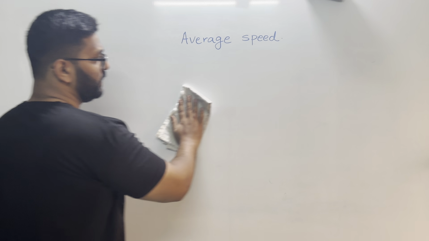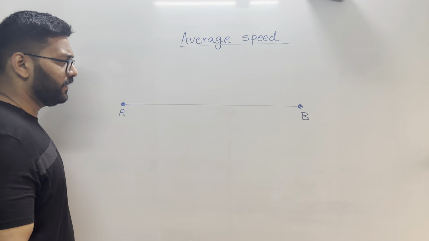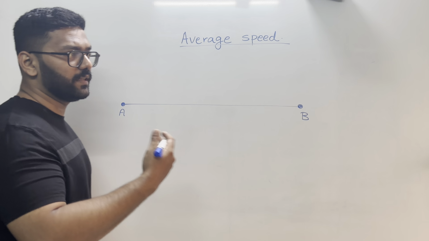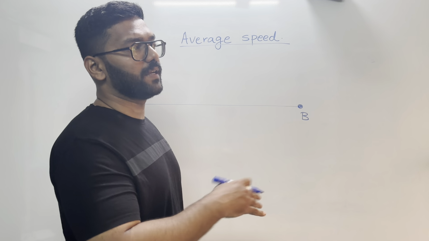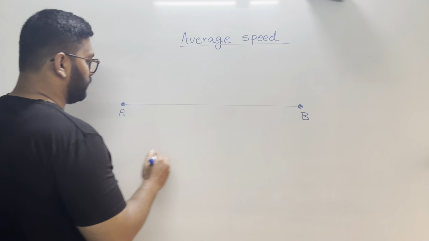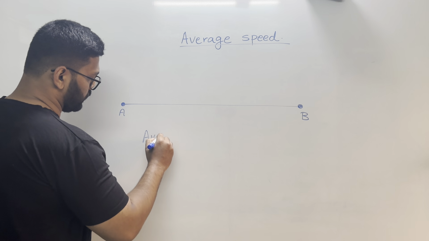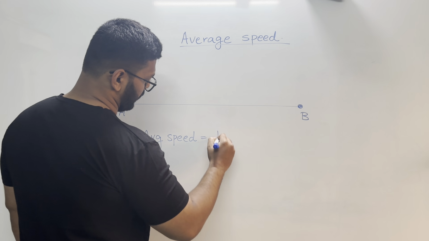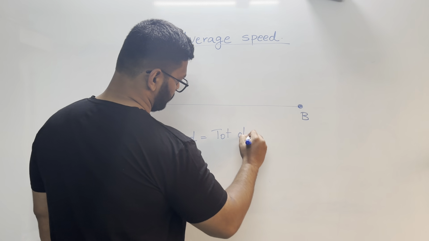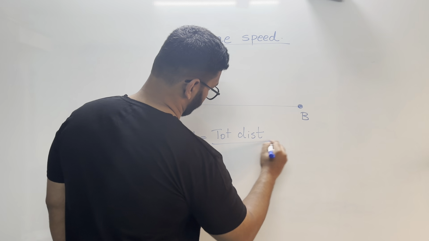Suppose this is the starting point A and this is the ending point B. A truck went from point A to point B. In between it stopped, in between it was speeding, sometimes accelerating, sometimes decelerating, and so on. But the overall speed, that is average speed, is defined as total distance covered divided by the total time.